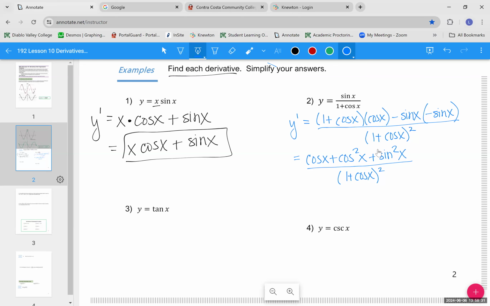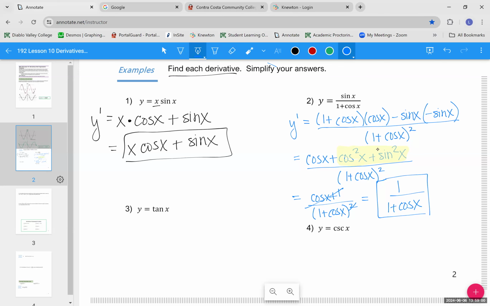And hopefully you notice a little something here. What is cosine squared x plus sine squared x? It's a 1. So cosine x plus 1 over 1 plus cosine x quantity squared. And that can cancel with one of those. So I'll be left with just 1 over 1 plus cosine of x.